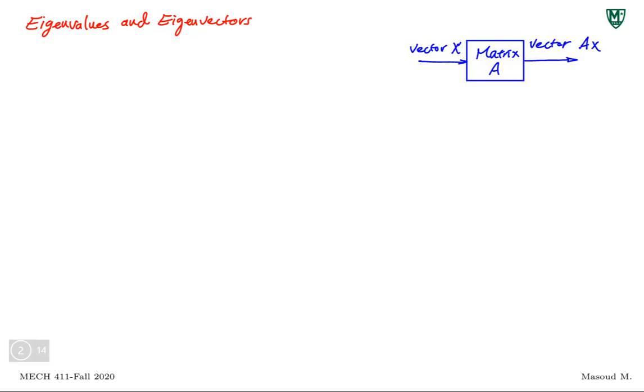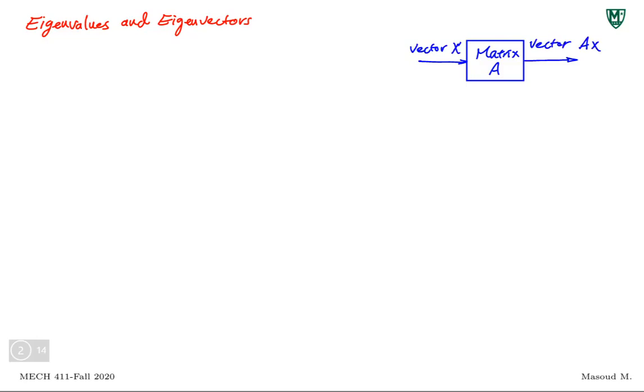So vector x comes in, matrix A does some operation on that, or it multiplies. In this case the operation is straightforward: x multiplies A and vector Ax goes out. Very similar to a function in calculus.